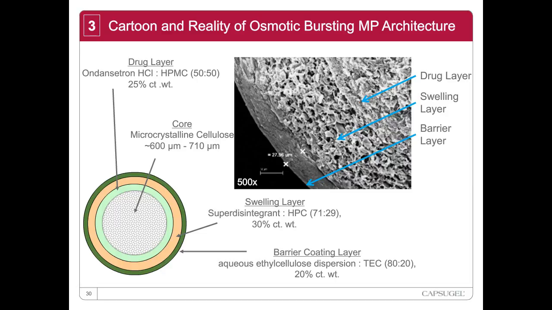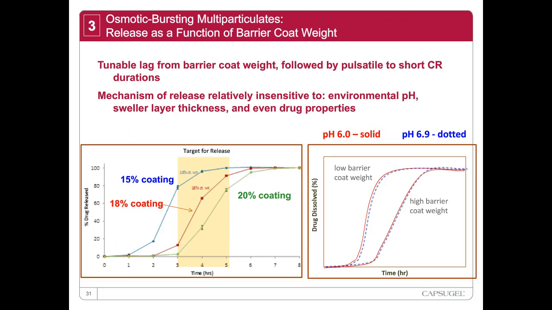The swelling layer is the main functional layer combined with the barrier coating layer above it. This swelling layer contains a super disintegrant that absorbs the water, swells to apply a physical force that ruptures the barrier coating above it and releases the drug. As noted earlier, the lag time is altered by the overall particle size that's selected.